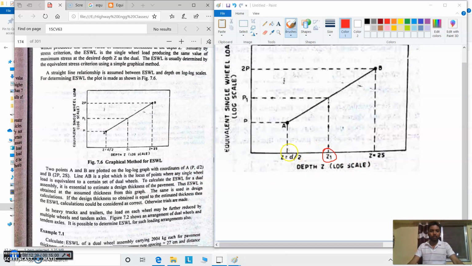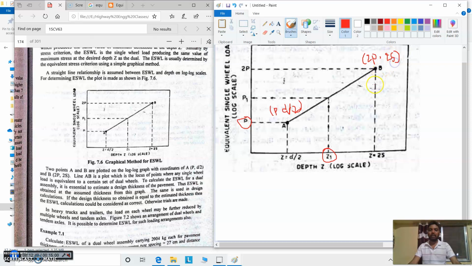In this graph we can analyze two points, A and B, plotted on the semi-log graph. The coordinates of point A are P and d by 2, and the coordinates of point B are 2P and 2s.